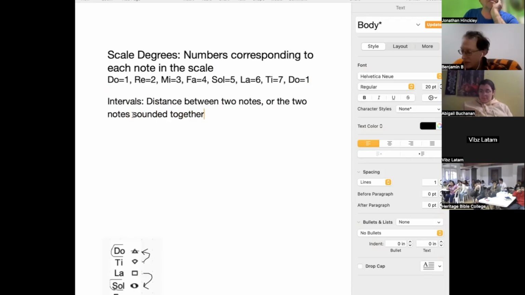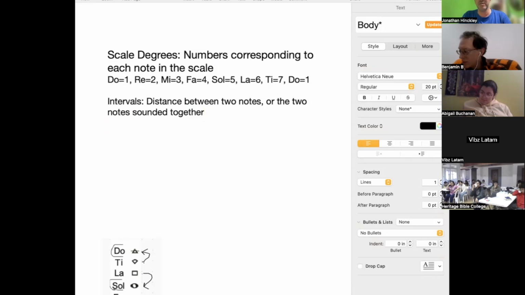So for example, if I went from do to re, if I said do, re, that would be an interval. But also, if I had 2 notes happening at the same time, if do and re are happening at the same time, then if there's 2 notes, we still call that an interval. There's a distance between those 2 notes, okay?